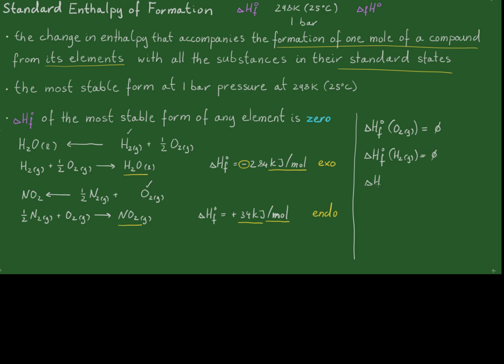And we could say the same thing for nitrogen gas, because nitrogen gas, N2, is the most stable form of nitrogen at 25 degrees Celsius and 1 bar of pressure. So its standard enthalpy of formation would be 0 kilojoules per mole as well. So once again, the standard enthalpy of formation of any element in its most stable form will be 0.